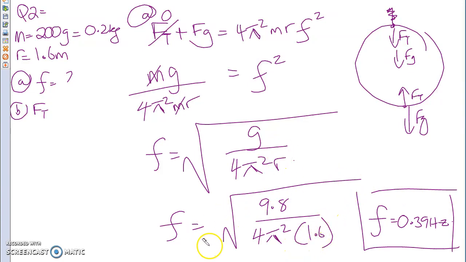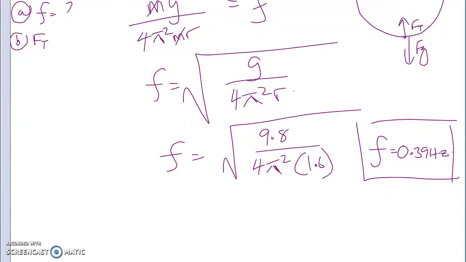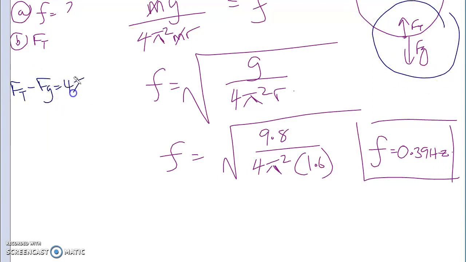So that was the first one. Now part 2 of the question said, what is the maximum tension? Now as I said, the tension is greatest at the bottom right here. So it's going to be Ft minus Fg, which equals 4 pi squared m r F squared. Again, we're looking for tension.